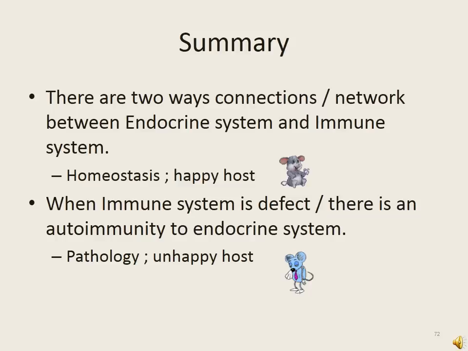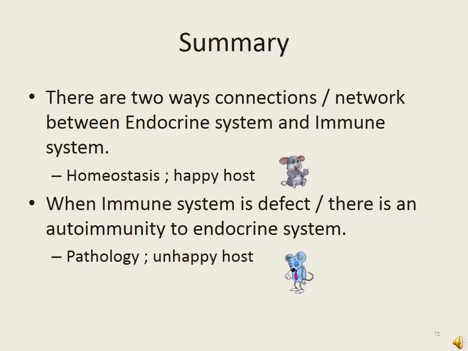In summary, this lecture tries to show you that there are two ways of connection, or a network, between the endocrine system and the immune system, which normally should be in homeostasis. When there is homeostasis, the host, that is all of us, will be happy.